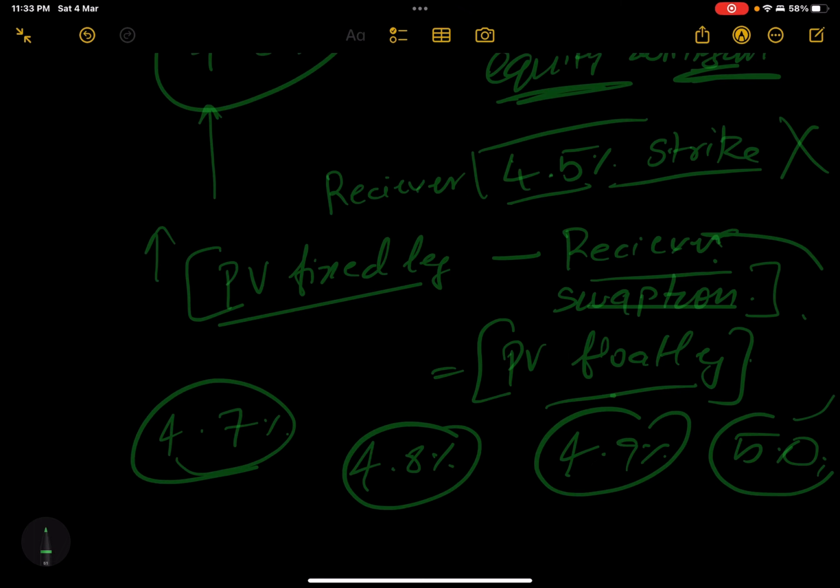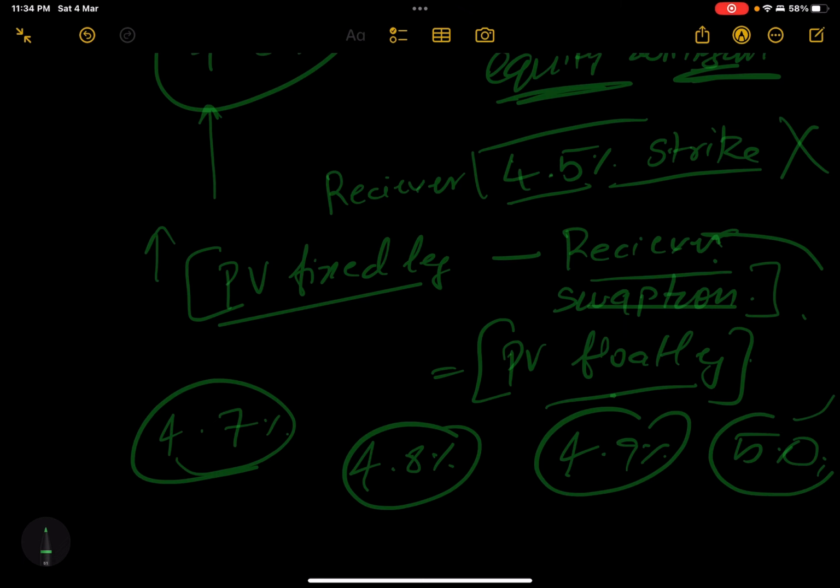It will converge to some rate, but it is not exactly that 4.5%. If I were using it directly, it would converge to the receiver swaption and exactly equal the floating leg, right? So that's why it's an iterative process. But that's how issuer callability is priced for a single option.